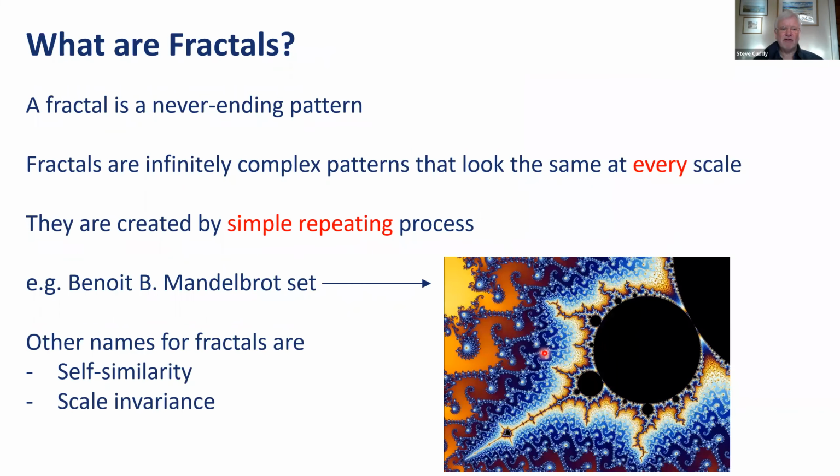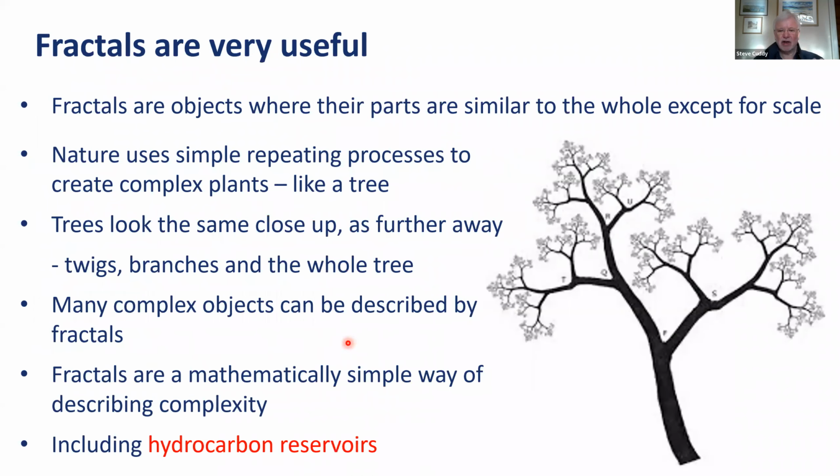So a fractal is a never-ending pattern. It's infinitely complex and it looks the same on every scale. And it is created by a simple repeating process. Other names for fractals are self-similarity or scale invariance. So let me give you an example of fractals as you see here. Looking at a tree, as you look at the tree from a distance, you see the main trunk and the main branches.